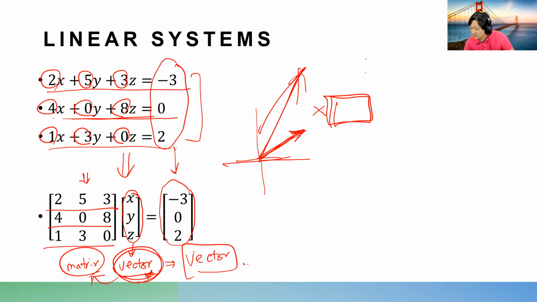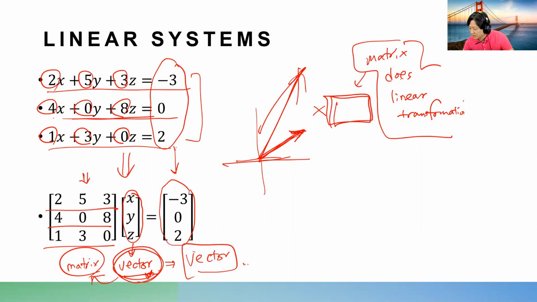Okay, so basically the matrix does a linear transformation. This is a very important concept for understanding eigenvectors and eigenvalues. Okay, we'll talk about eigenvectors and eigenvalues later. So remember, if we linearly transform a vector using some matrix, it will be another vector.